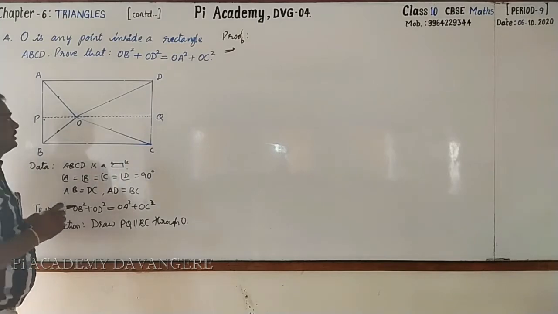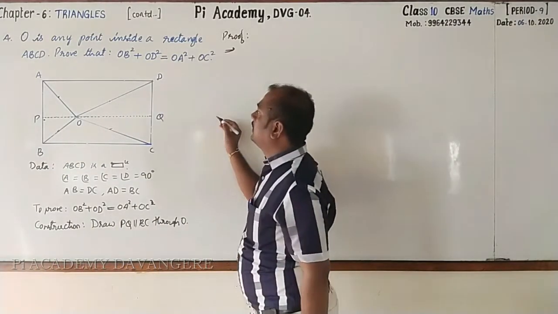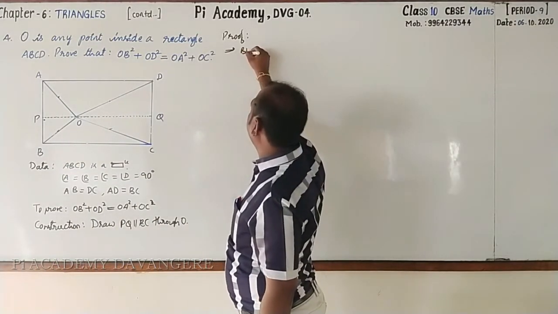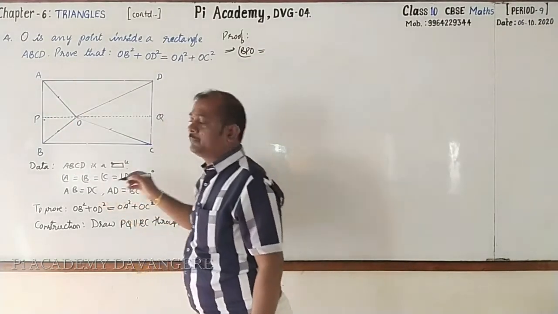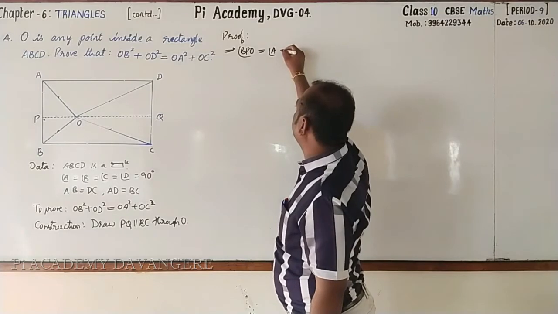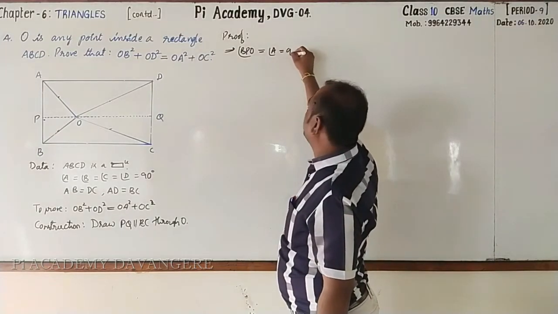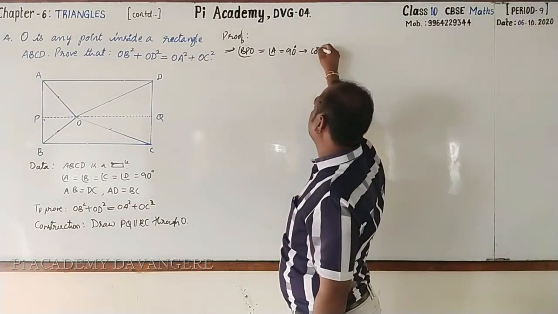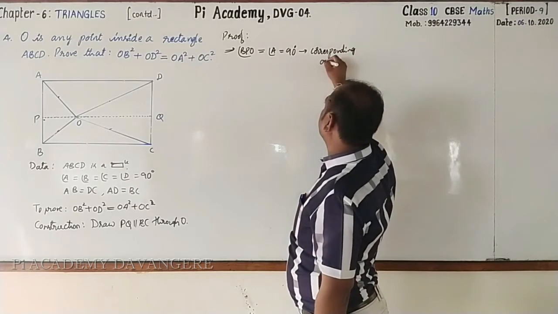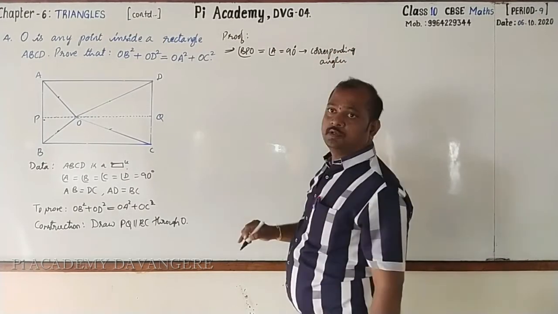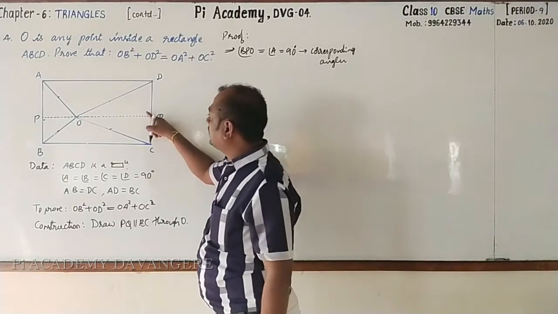Corresponding angles. Here, angle BPO is equal to angle A. Angle A is equal to 90 degree. The reason? Corresponding angles.